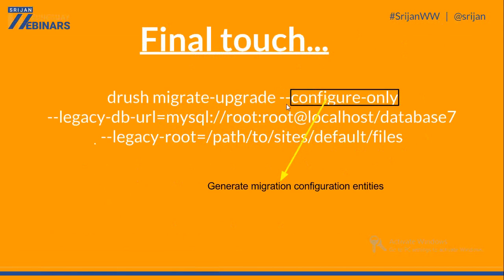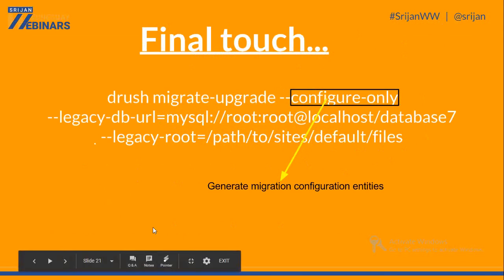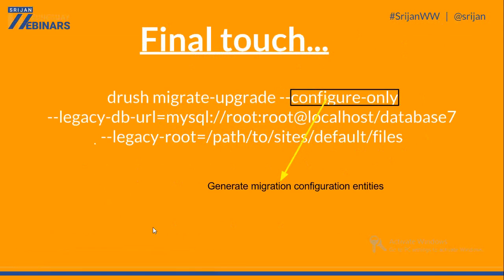So this is drush migrate-upgrade, and here the configure-only option is used. What it will do is generate migration configuration entities. So in Drupal 7, there are lots of migration templates, for example in taxonomy.